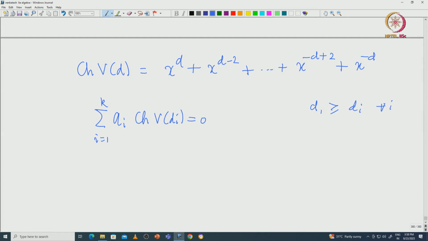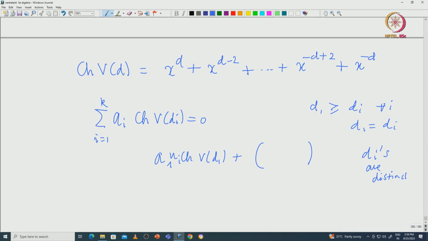Then you look at a1 times the character of Vd1 plus the rest. If some of them are equal, then it will come with some multiplicity, so if d1 is equal to some di, you count it with multiplicity. So what you do is first assume that these di's are all distinct.